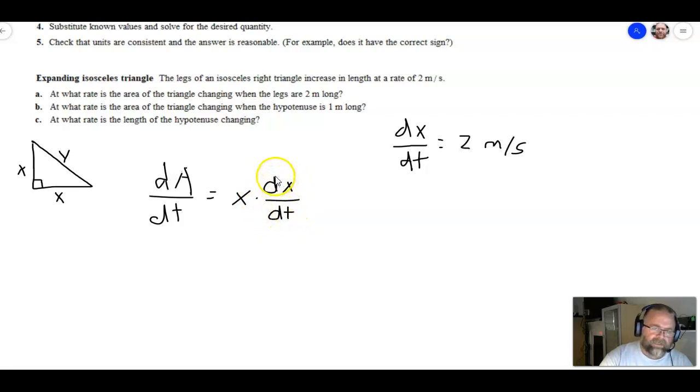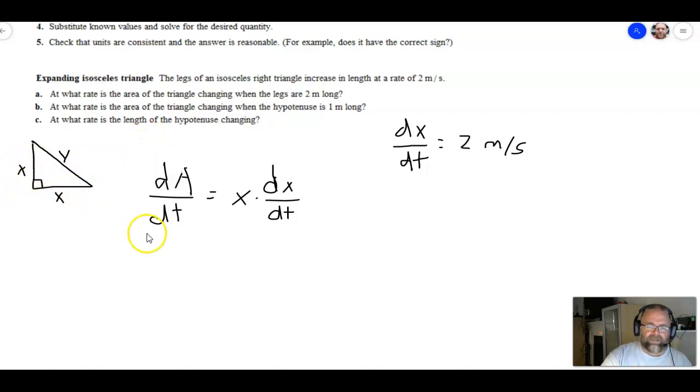Right? So I have this, and we know that dx over dt is equal to 2 here, and we're still trying to solve for this, but instead of the x, I need to get this in terms of y here. So how do I do that? How can I find some equation that relates both the x's and the y's together?